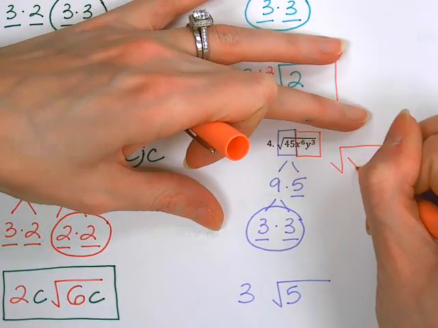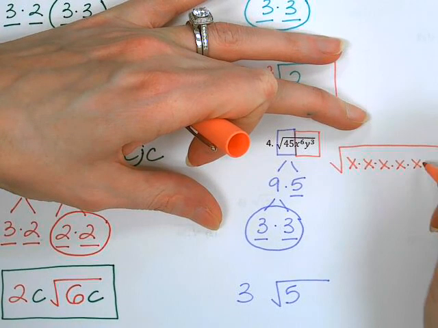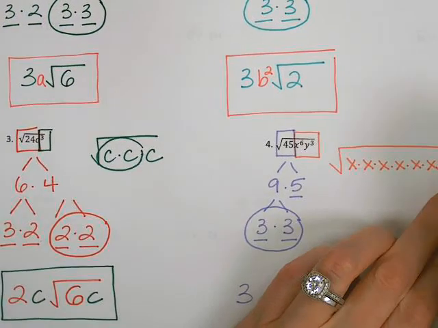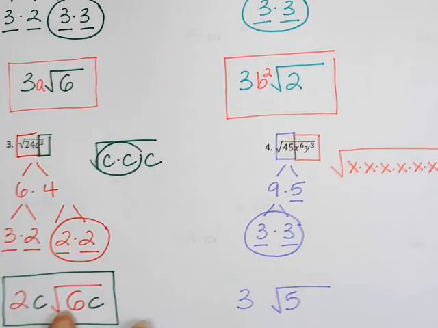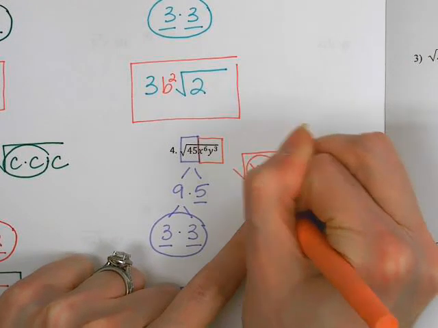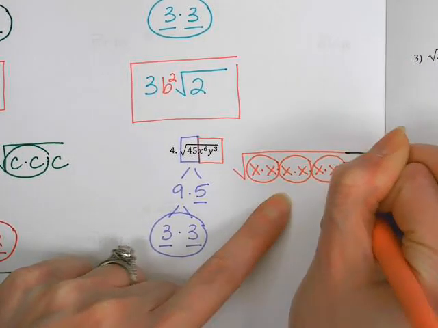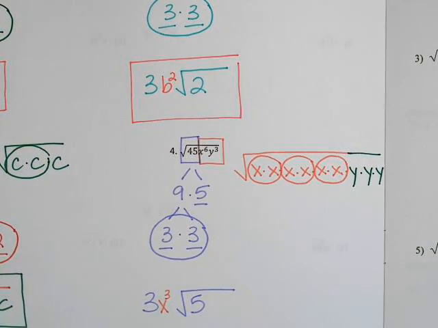We got 6 x's. And we got 3 y's. Oh, all right, we can do this. How many double x's? How many pairs? 1, 2, we got 3 pairs, which means we can pull out an x cubed.